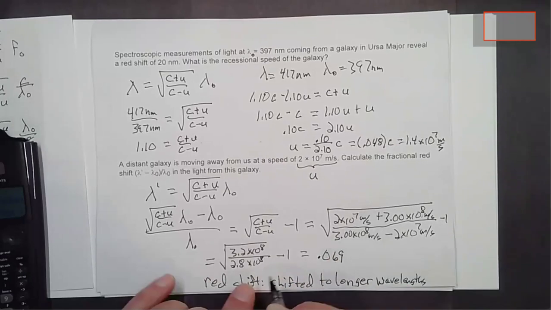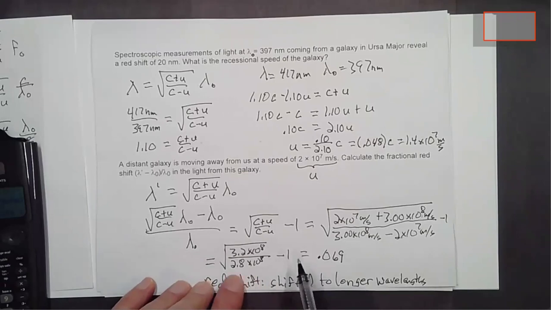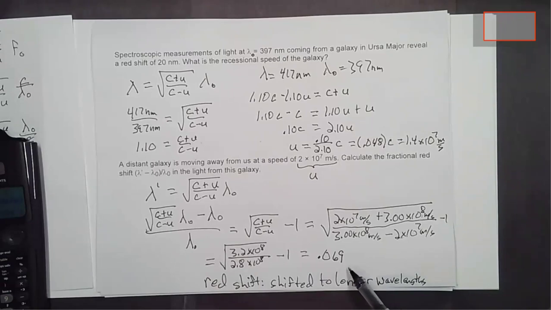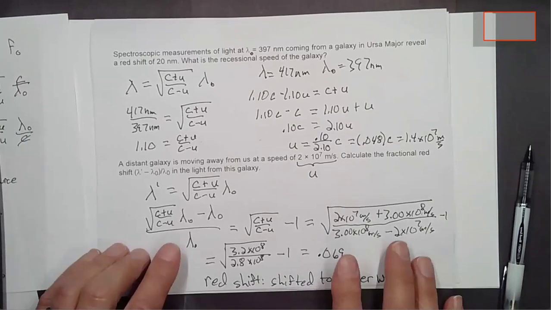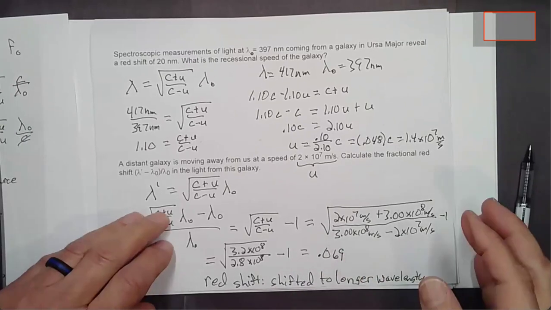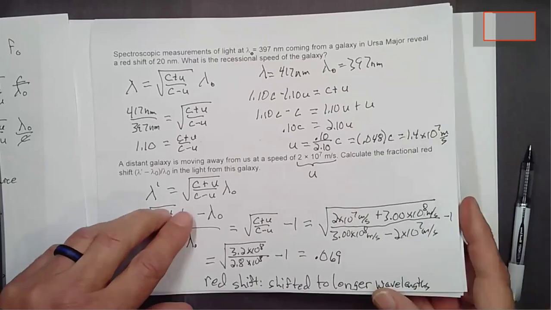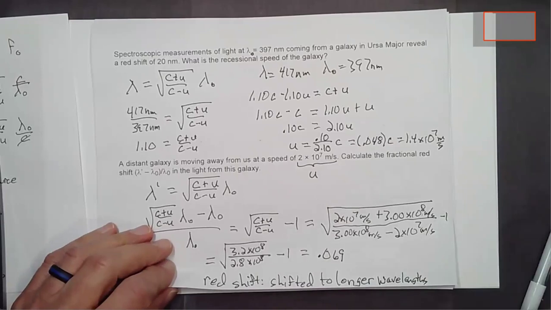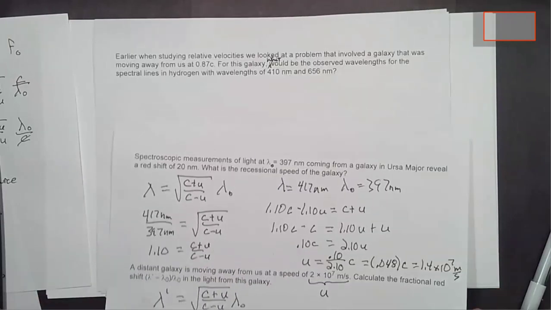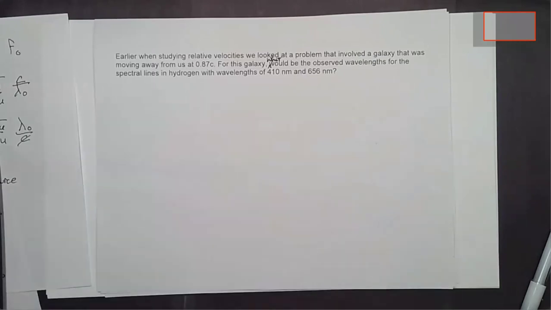I can keep 2 significant figures on that result, I think, because that one is exact, actually. So that's the fractional redshift in this case. Okay, not huge, but a little bit. And that's just a number you don't really have much feel for in this case. But it's about 7%, I guess, something like that anyway. Okay.